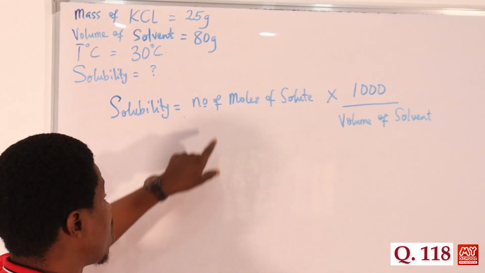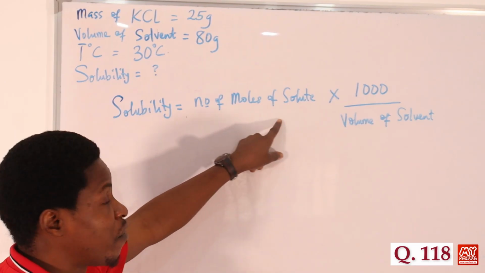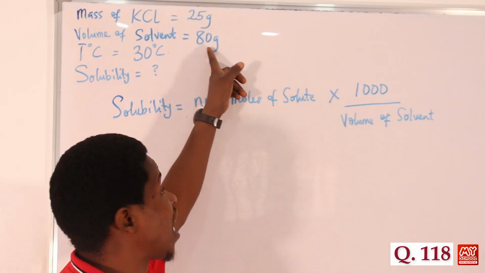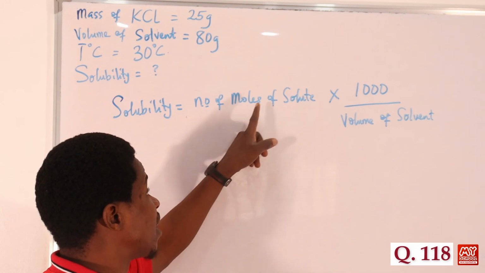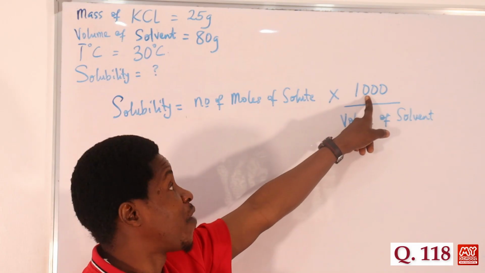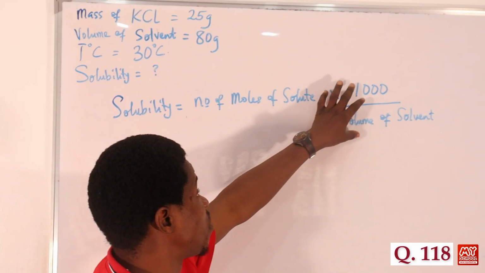By default, it should have just been number of moles of solute divided by the volume of solvent, but because the solvent's volume is usually given in gram, which is equal to cm cube, and then it should be the number of moles that dissolve in 1 dm cube. So that's why we have the conversion factor here, which is 1000. So that is always there. So number of moles of solute is equal to 1000 times this.